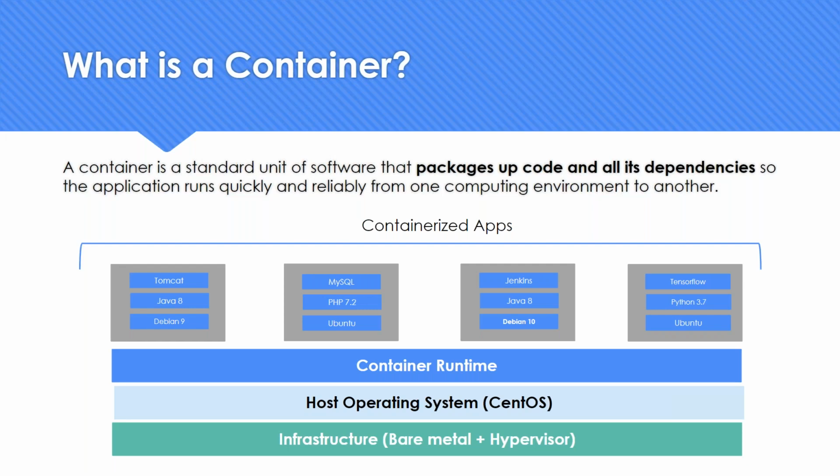And one small catch here: whenever you say it can run in any environment, there's a small asterisk on top of it. Conditions apply. What are those conditions? If you containerize something in Linux, you can run it in any Linux distribution. This containerization concept was there in Linux for a long time, as I mentioned, but in Windows this concept was not there.